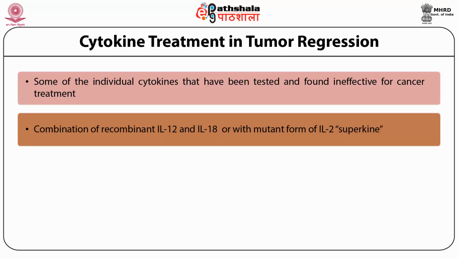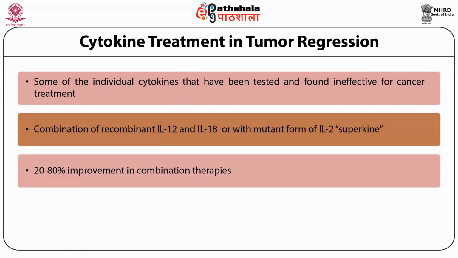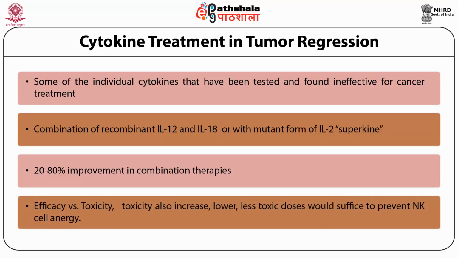A 20 to 80% improvement is found with combination cytokine therapies, which is not present with individual cytokine therapy. Now, it is important to weigh cytokine therapy efficacy versus toxicity.